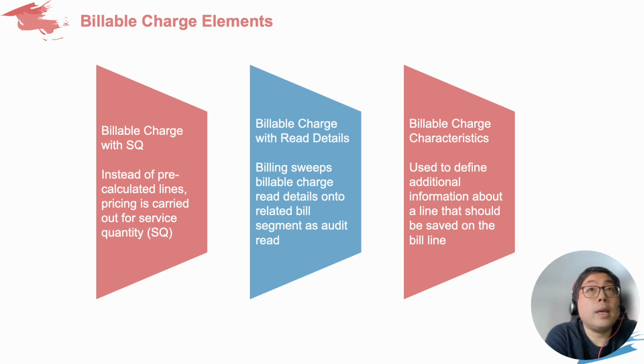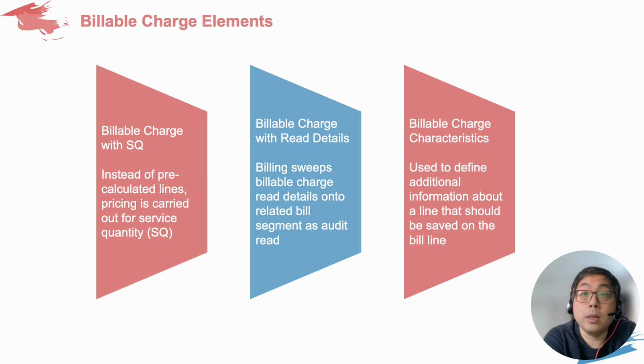So rather than bringing in bill lines, which are already calculated and only need to be swept onto the bill, the service quantity is brought in to calculate the billable amount through bill calc lines.